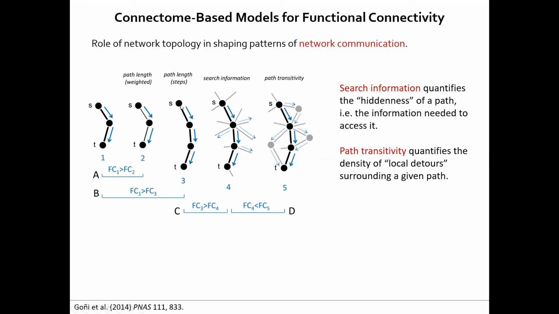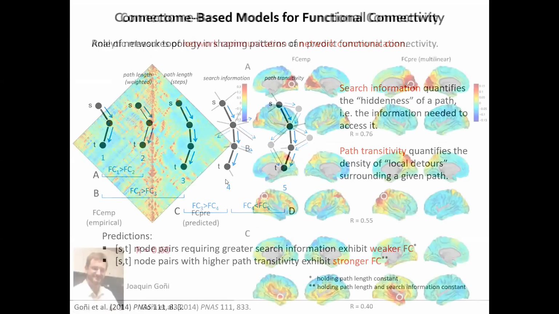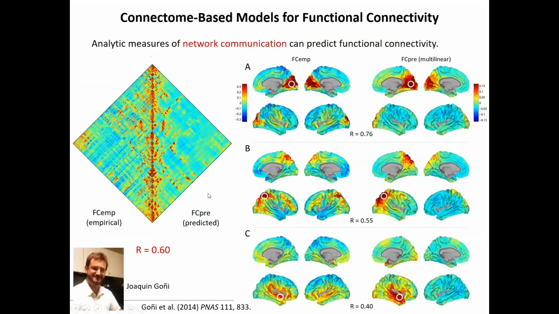So we built an analytic model, a model that runs in MATLAB in under a second based on graph theoretic concepts such as path, connection weight, path length, search information, and path transitivity, and looked at whether or not it would predict functional connectivity quite well. And it does, and it did.